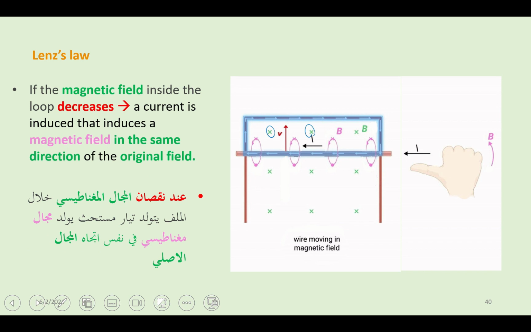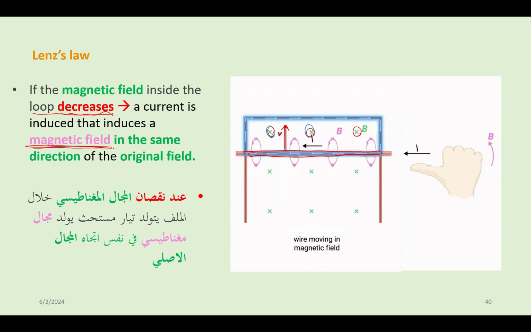If the magnetic field inside the loop decreases, for example if we move this segment of wire upwards, the number of magnetic field lines inside the loop of wire shown in blue is going to decrease. So if the magnetic field inside the loop decreases, a current is induced, and this current will induce its own magnetic field.